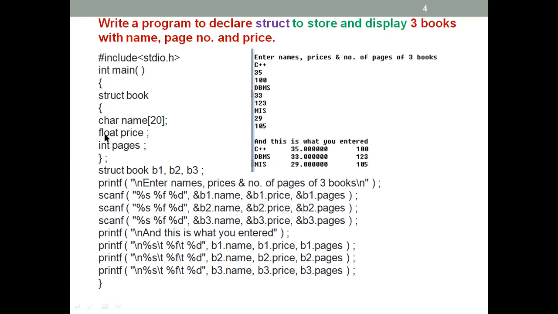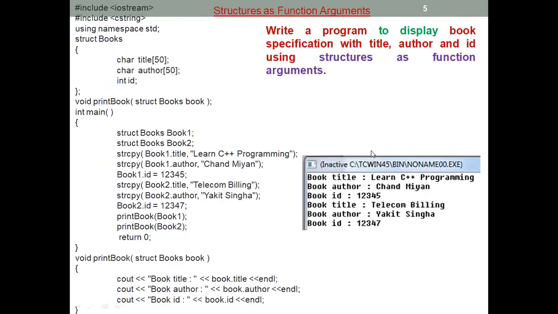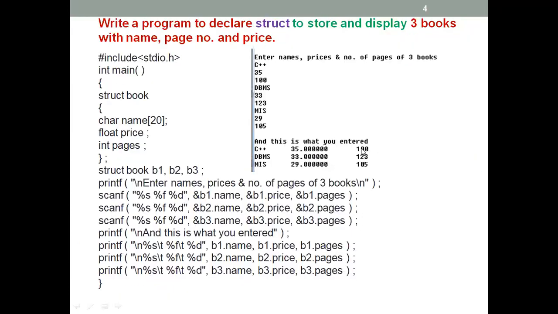Because you declare it as a float, you have a decimal point here. Then the pages are an integer, which is just a number without the point. Even if you enter 35, it comes out with the decimal point because we declared it as a float. So these are the characters, and this is the integer, just a number.